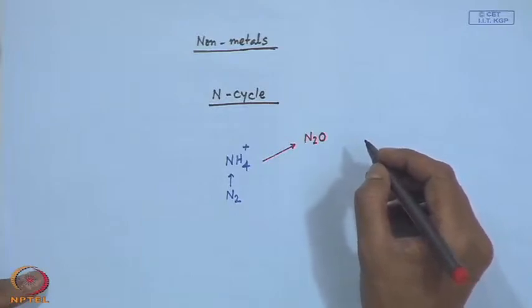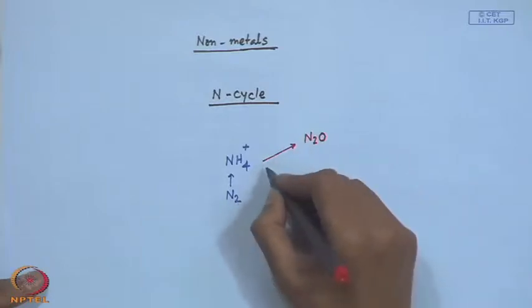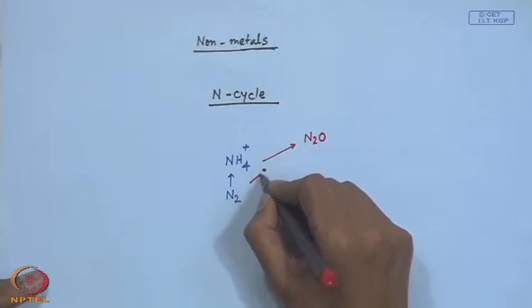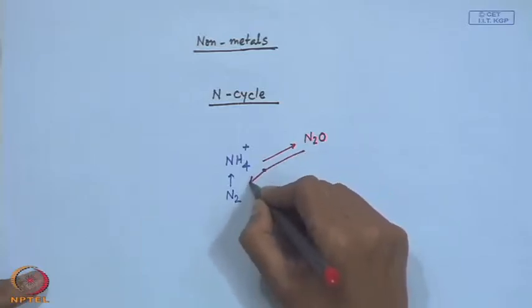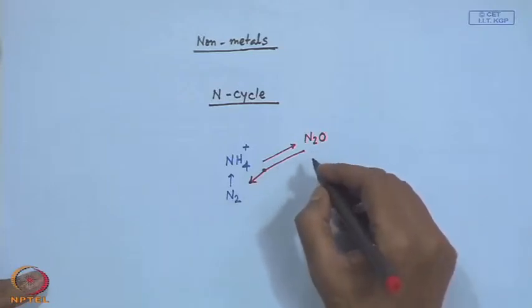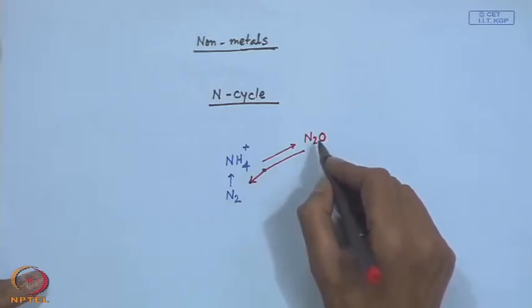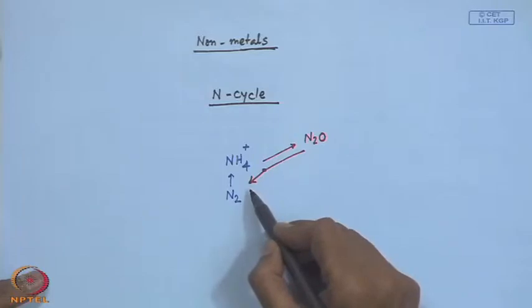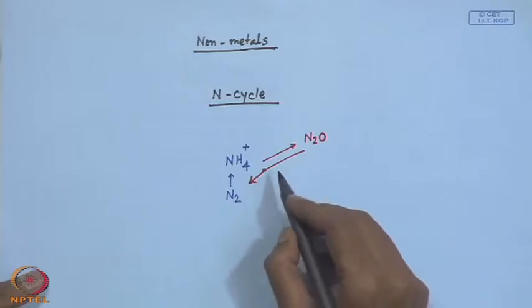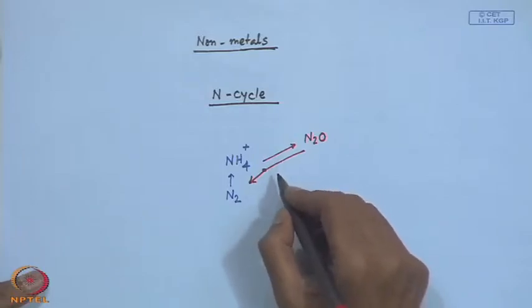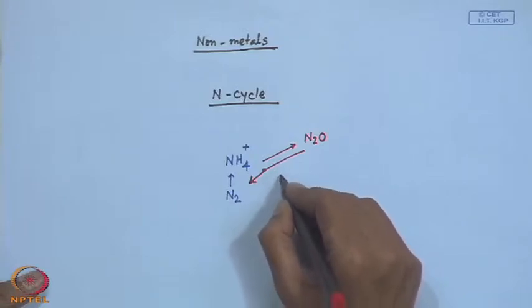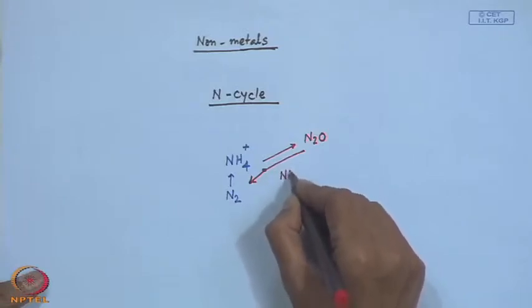So, this N2O can be formed over there, or in the reverse way, that means the N2O can be degraded to nitrogen itself. When N2O, the nitrous oxide, is getting degraded to dinitrogen, the enzyme system involved there is the nitrous oxide reductase.